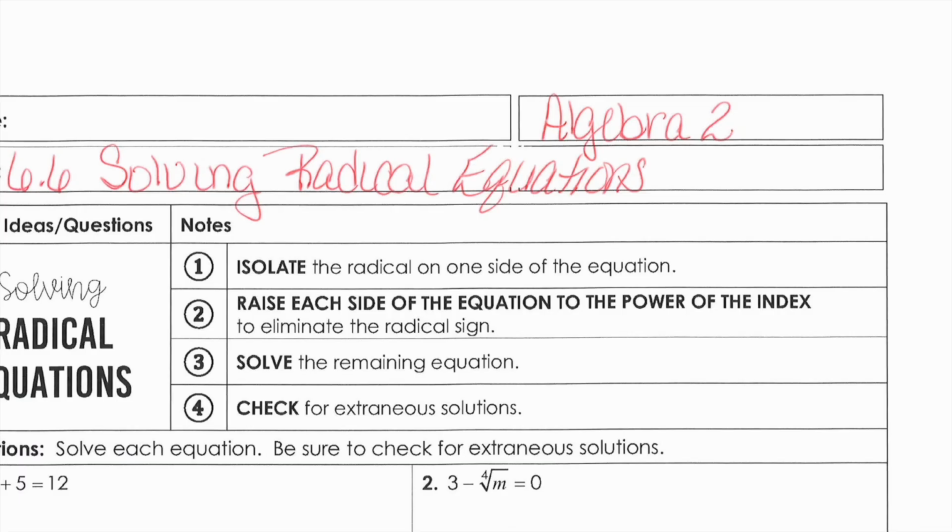And then we're going to raise each side of the equation to the power of the index, and this will thus undo or eliminate the radical sign. And then we're going to solve the remaining equation. And then step 4, we have to check for extraneous solutions. It says to check for extraneous solutions all the time, but I will say that you don't have to check all the time. I'll talk more in depth about when you need to check.